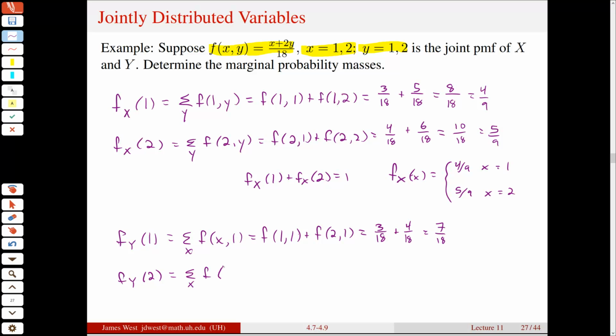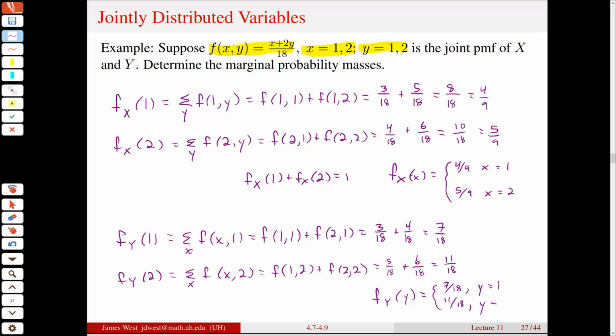We sum over all possible x, f of x, 2, which gives us f of 1, 2 plus f of 2, 2, which is 5/18 plus 6/18, which is indeed 11/18. Thus, the probability mass function for y is 7/18 if y equals 1, and 11/18 if y equals 2.